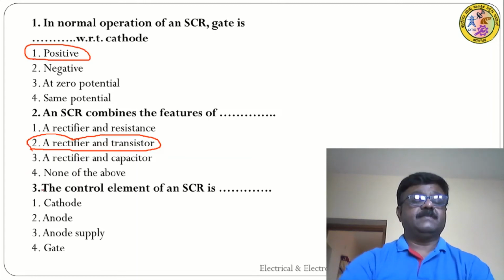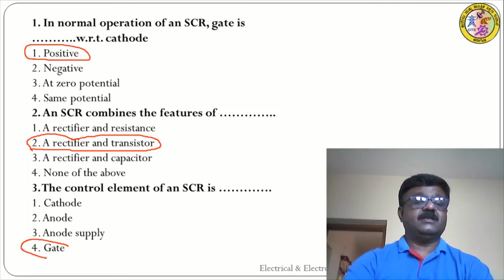And third question is, the control element of SCR is dash: cathode, anode, supply, gate. The control element means it is the gate. We can turn on the SCR by using a gate signal.